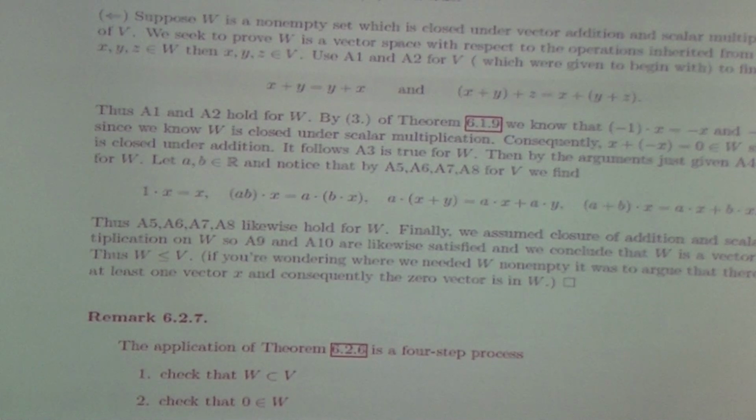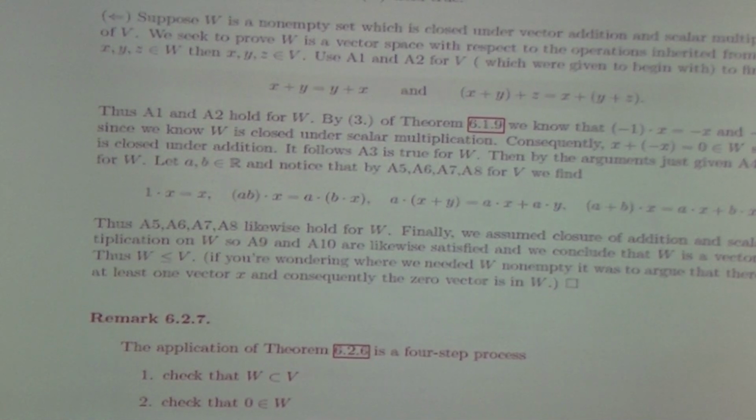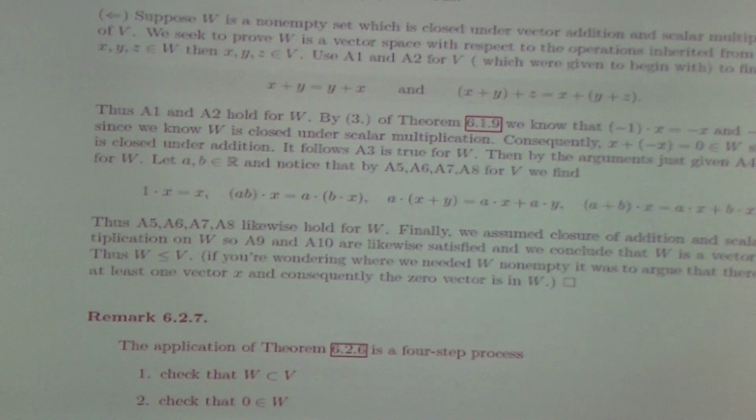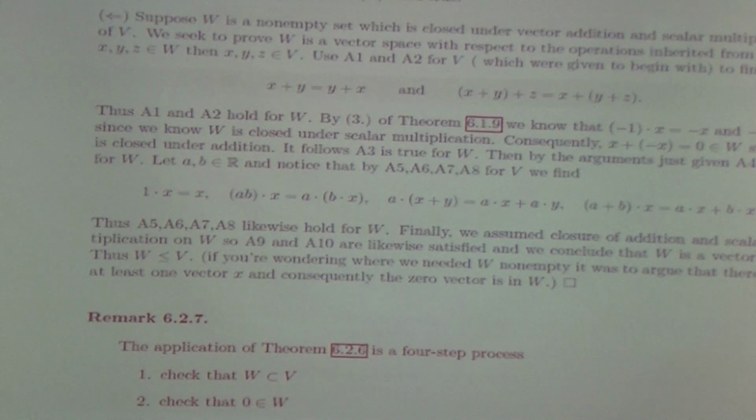The proof is kind of not that surprising. Nevertheless, this is a very, very powerful theorem, right? Because we are trading what? We're trading the trouble of checking 8 axioms for the trouble of checking 2 conditions. Well, 3 conditions really, right? What's the third condition? You need that the set is not empty. Non-empty, closed under addition, closed under scalar multiplication.